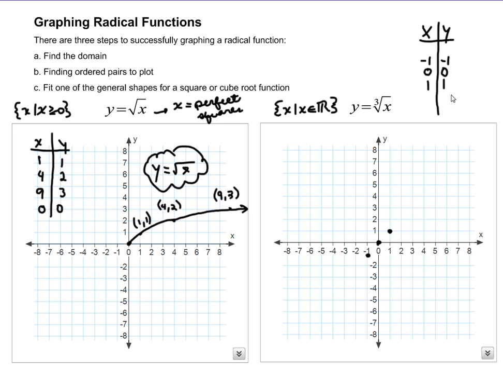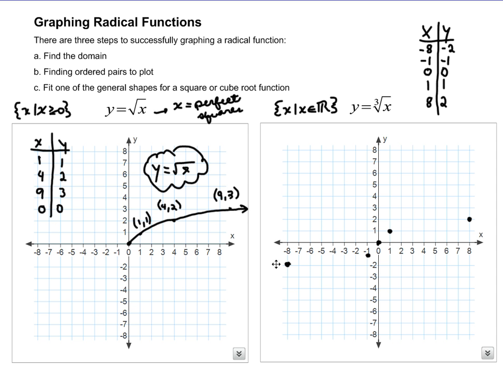Any more? Well, sure. What about 8? The cube root of 8 is positive 2, so this graph would pass through the point (8, 2), way over here. And if positive 8 will work, so will negative 8, because we can put in any real number. The cube root of negative 8 would be negative 2. So we go all the way to negative 8 over here, and down to negative 2, and there's our plot.